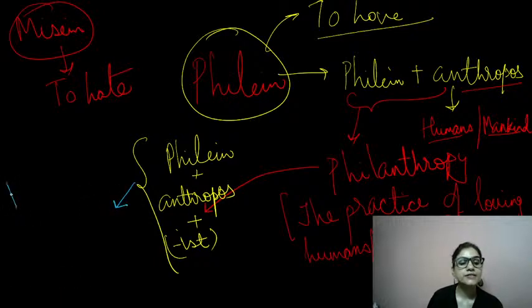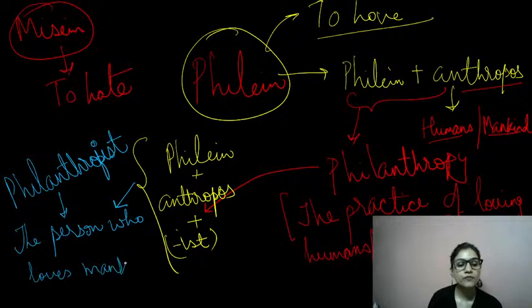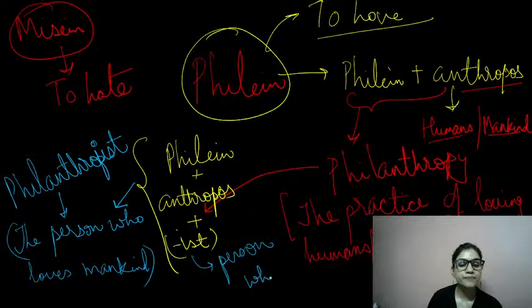The word I get is philanthropist. Philanthropist, right? The person who loves mankind or humans. Okay? The moment you add this word ist, it refers to a person who. Do not forget this, guys.